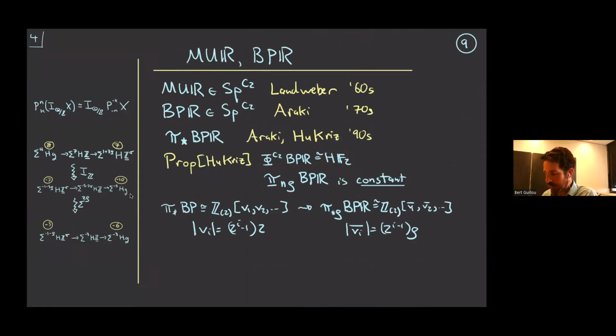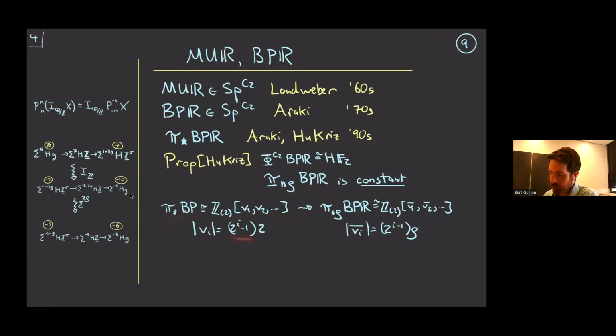The other important property I want to mention is that if we look at the Mackey functors in multiples of the regular representation, so pi_{n rho} for BPR when n is non-negative, then this is a constant Mackey functor. So in particular, it's determined entirely by the underlying group, which is the ordinary homotopy of BP. And the homotopy of BP is given here. It's this polynomial algebra on generators v_i, and the degree of v_i is 2(2^i - 1).